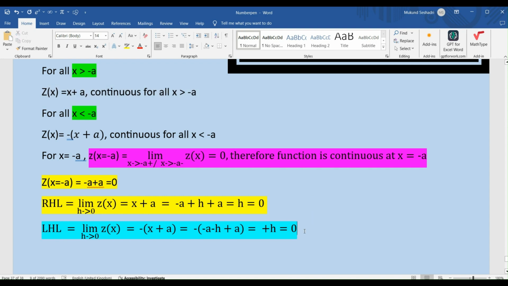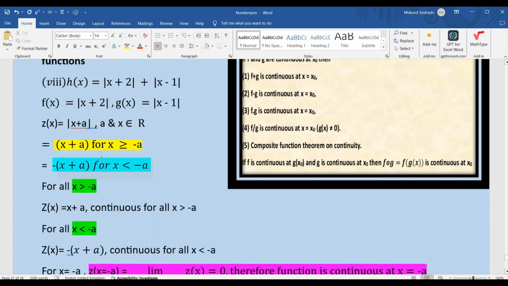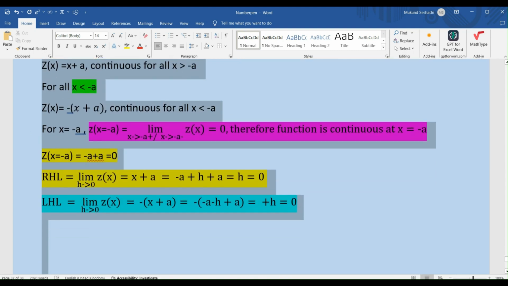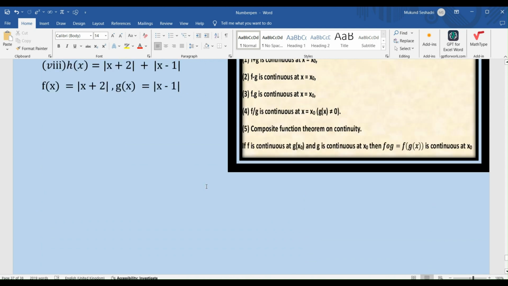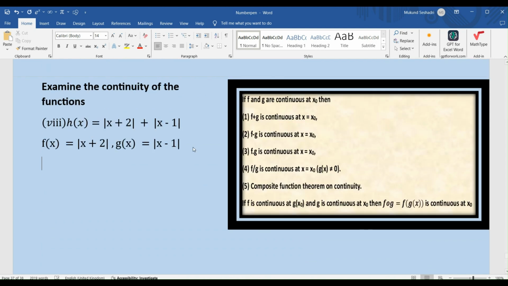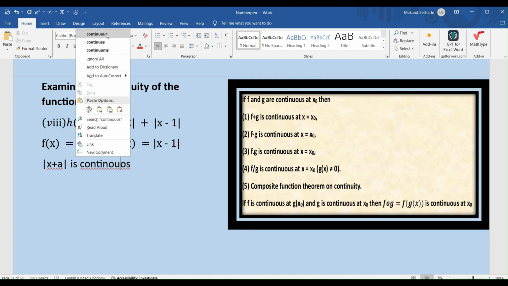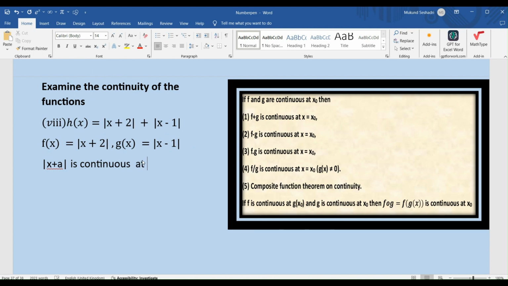So when I go back to this problem, we know that whatever we just discussed is continuous at x belonging to R, right?